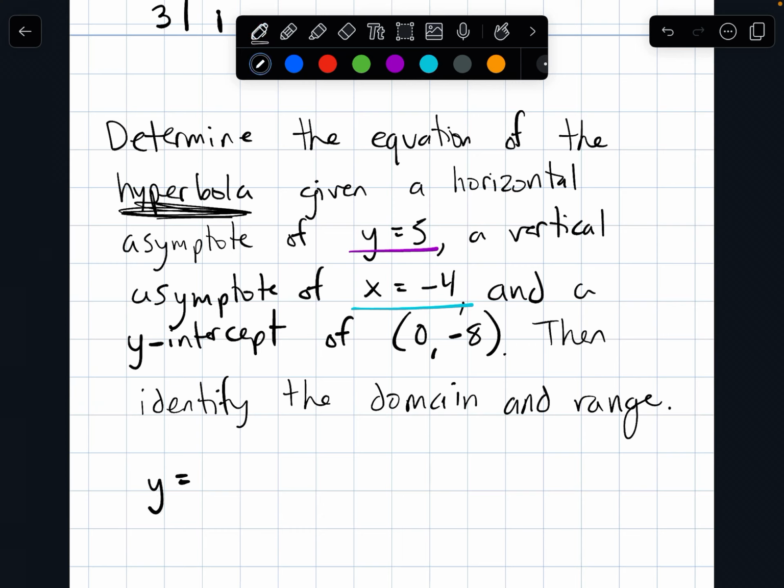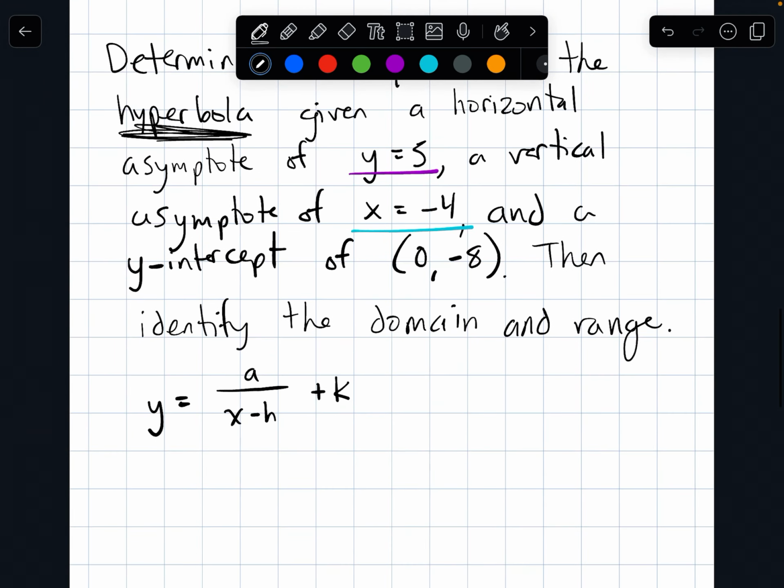We know that the general equation is y equals a over x minus h, plus k. All right, so where I can use the 5 and the -4 here come in the h and the k values. So because the horizontal asymptote is 5, I know that I'm going to replace the k with the 5.